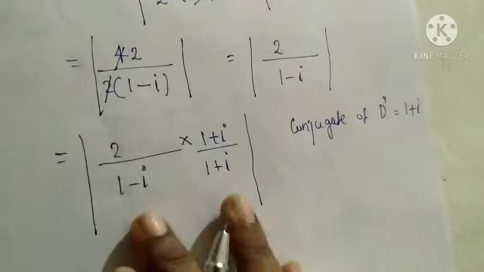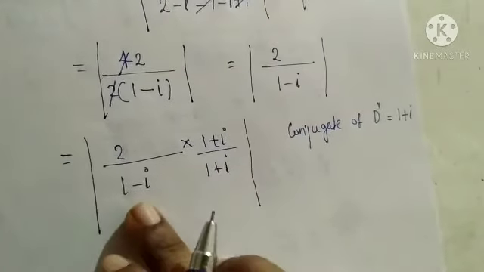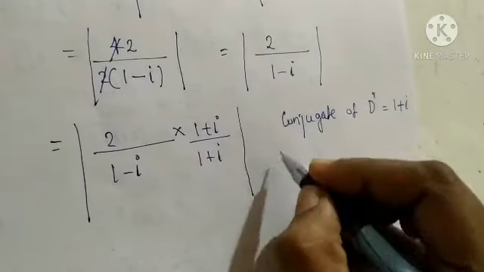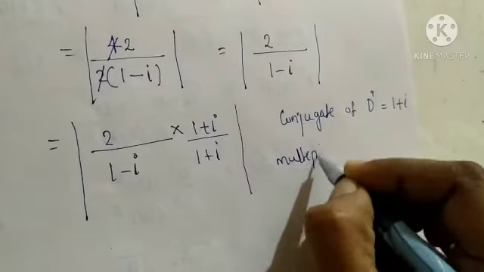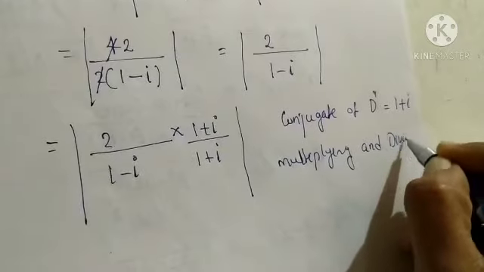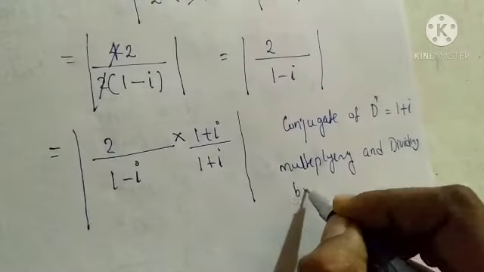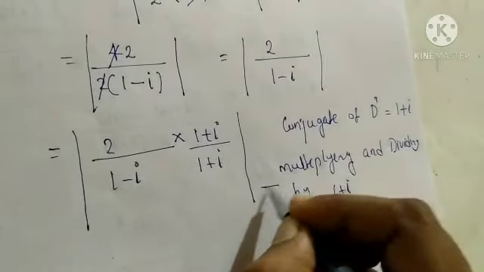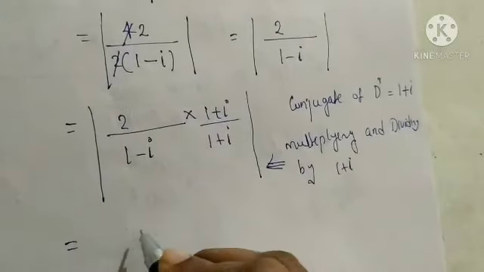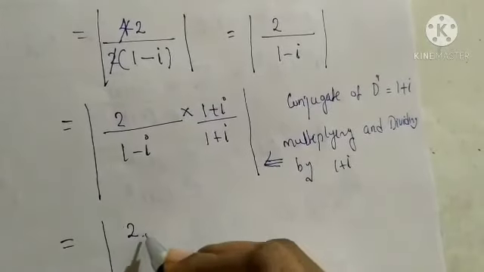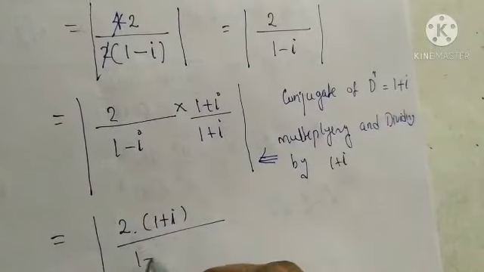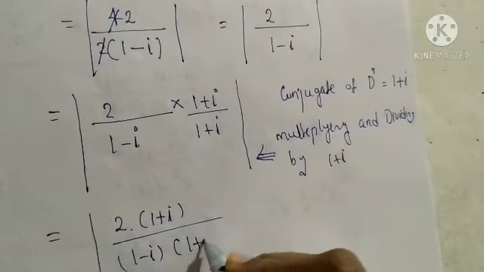Okay, so inside this modulus, it will become 2 by (1 minus i) into (1 plus i) divided by (1 plus i), multiplying and dividing by 1 plus i. This will become like this. So it can be written as the modulus of 2 into (1 plus i) divided by (1 minus i) into (1 plus i).